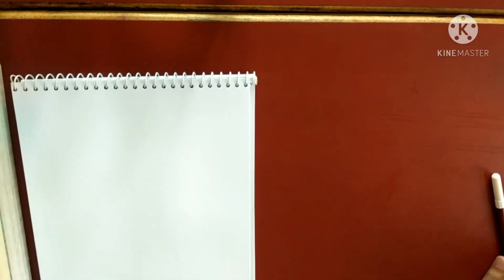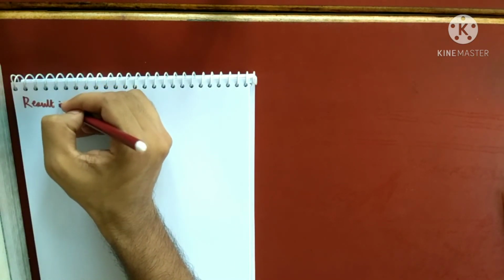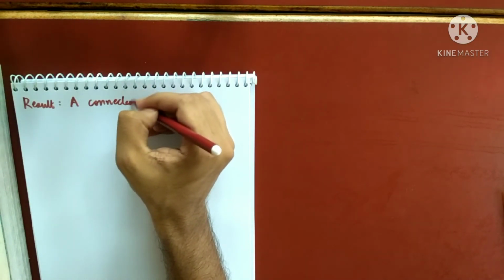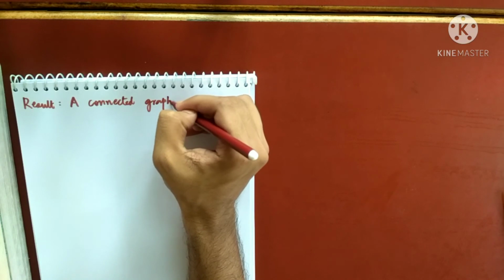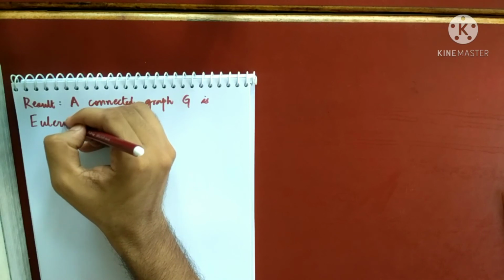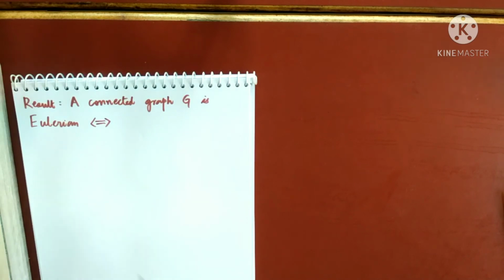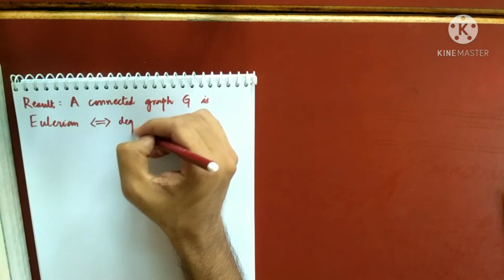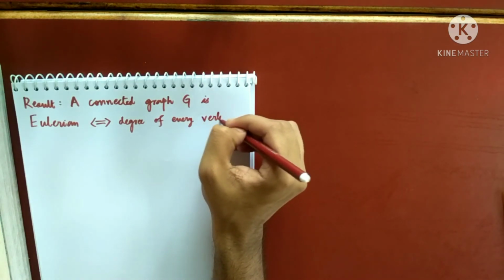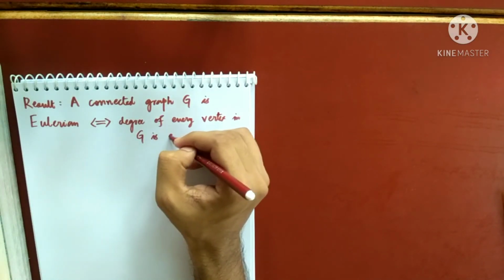So the simple thing is, the result is this. From the previous two theorems, what I have obtained is: a connected graph G is Eulerian if and only if the degree of every vertex in G is even.